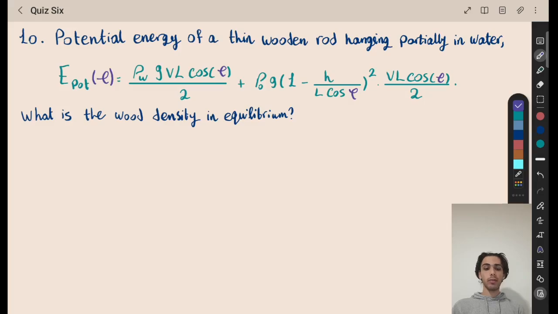And I can verify this just by reading the problem statement, which I've not written all of here. We are told that the equilibrium position can be found by minimizing the potential energy, or by finding the phi which minimizes the potential energy.